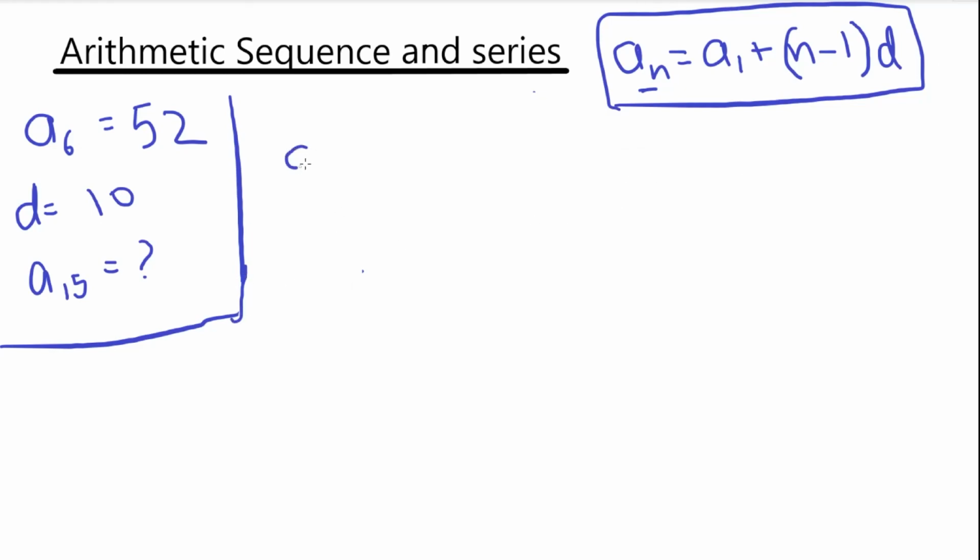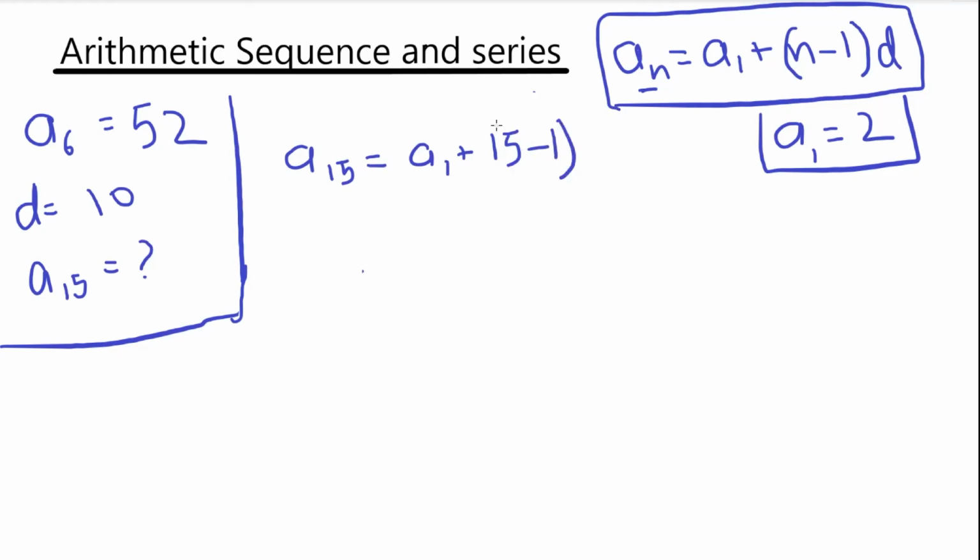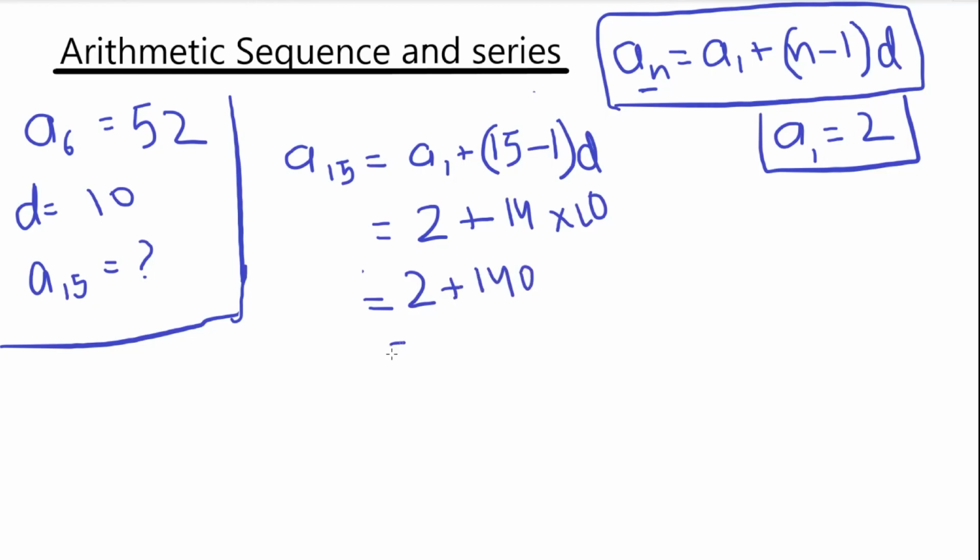So a15 is equal to a1 plus 15 minus 1 multiplied by d. So 2 plus 14 multiplied by 10. So this is 2 plus 140, which is 142. So the 15th term of this sequence is 142.